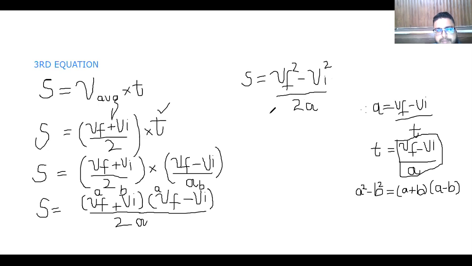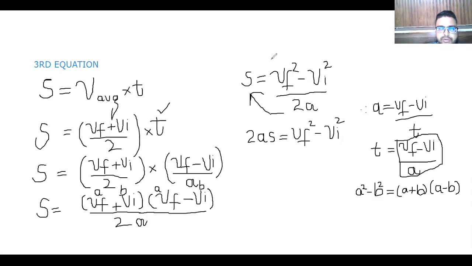So when we take this 2a on this side, it is going to multiply on the left hand side of the equation, so it will become 2as equals vf square minus vi square, right? So now we are done with this.